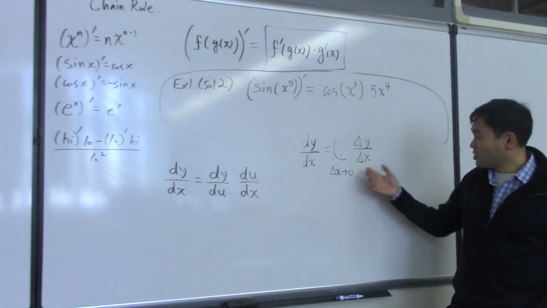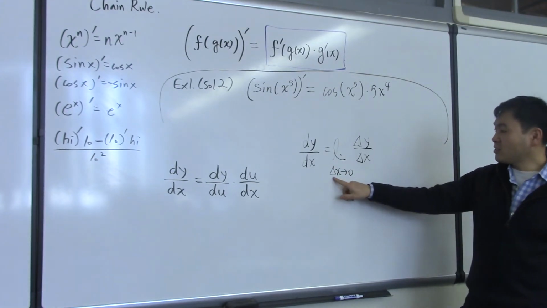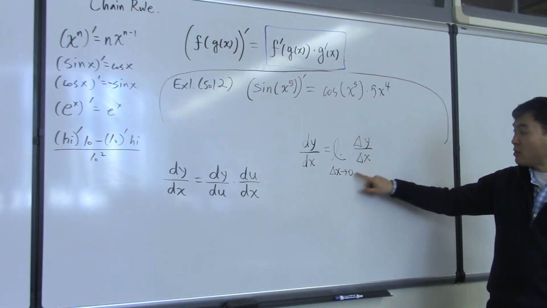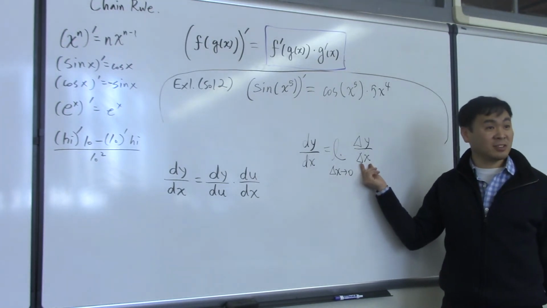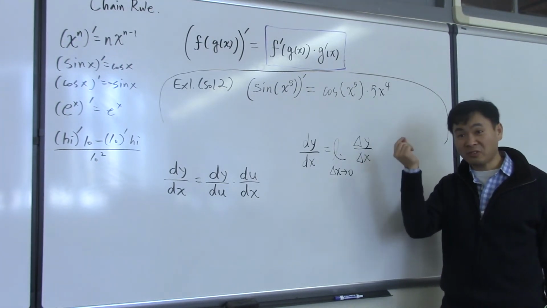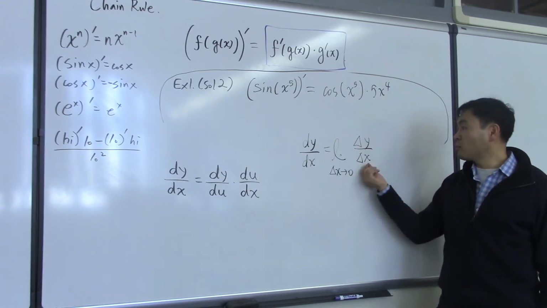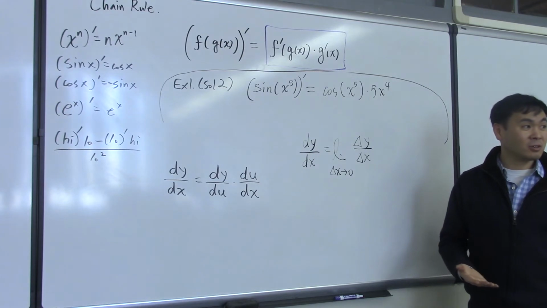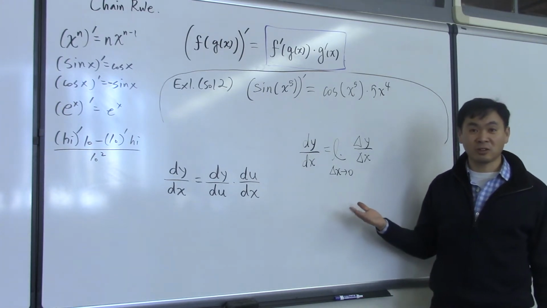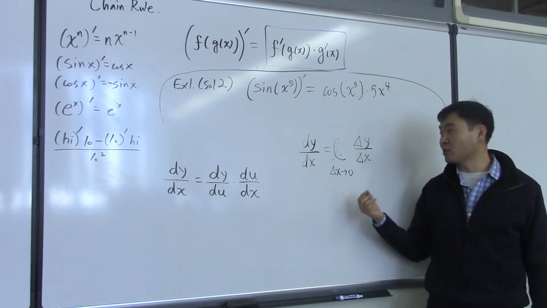So what he's really doing is, if you set delta x to be very, very small, close to 0, this delta x becomes infinitesimally small. Although they're both becoming 0, their ratios might give you something non-zero. It could be 0, but sometimes it could be non-zero. It could be some other number that's converging.